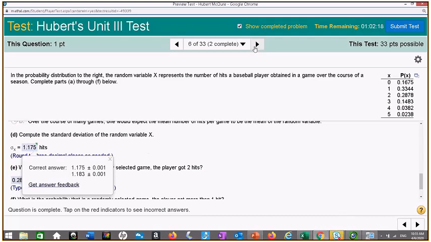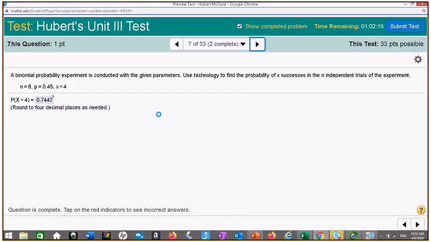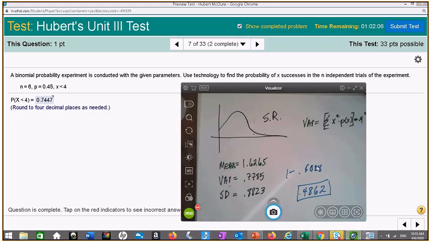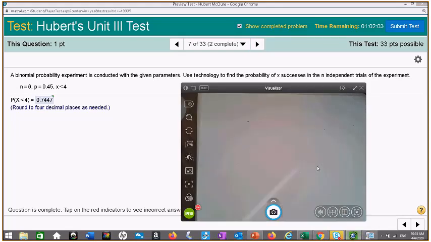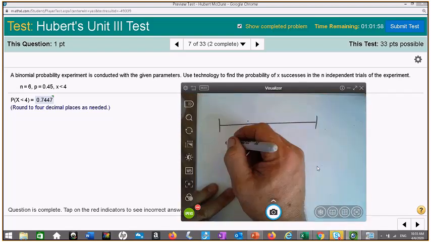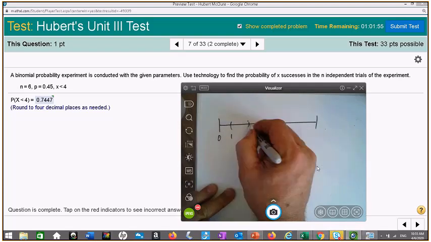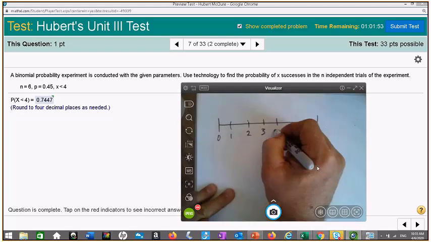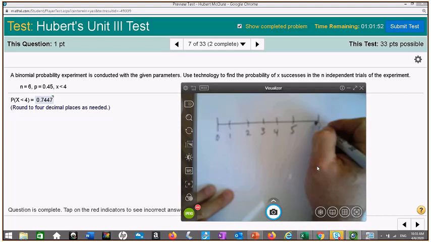Next. Okay, this is your question, Miss Carver. This is the one that you asked about. This will be binomial CDF for cumulative. Draw your number line: 0, 1, 2, 3, 4, 5, 6.